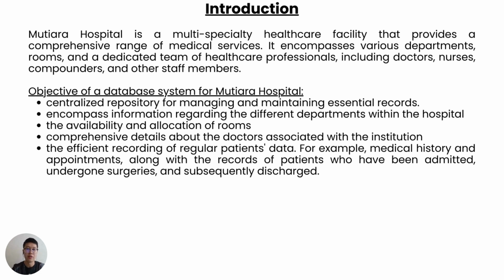The objective of a database system for Mutiara Hospital is to centralize the repository for managing and maintaining the essential records, and also encompass the information regarding the different departments within the hospital, and check the availability and allocation of rooms. And the last one is recording the regular patient data, for example, the medical history and the appointments. The benefit of a database system for Mutiara Hospital is to help them improve their operation in organizations.